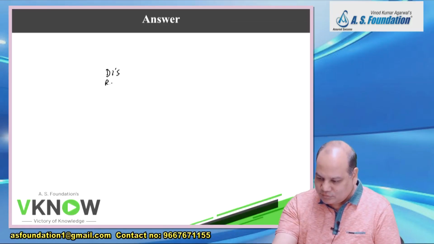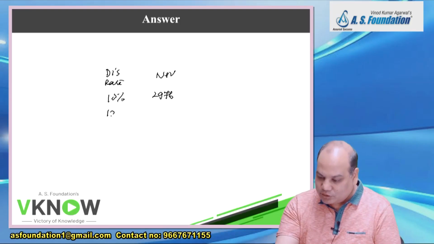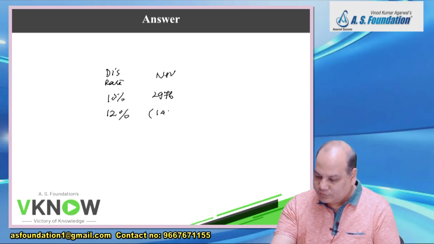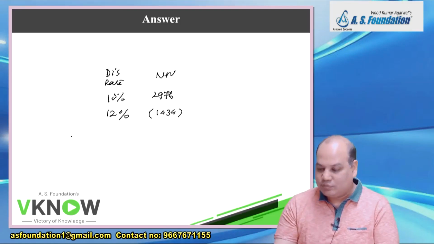Discount rate is 10%, NPV is 2976. When discount rate is 12%, NPV was 1434. Right? This is what you got.